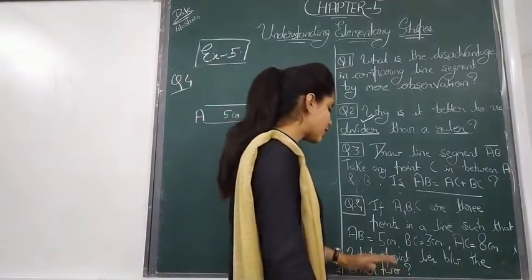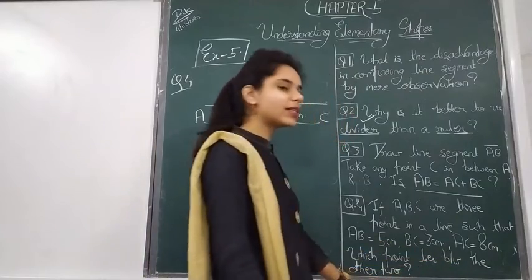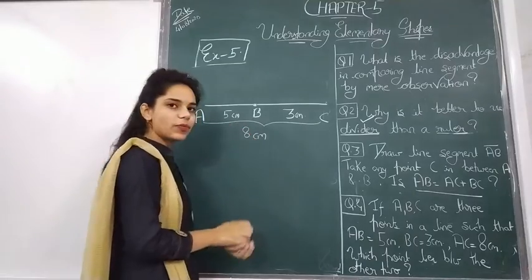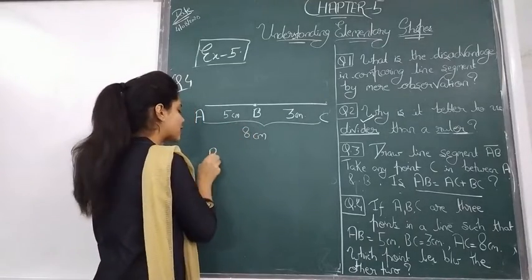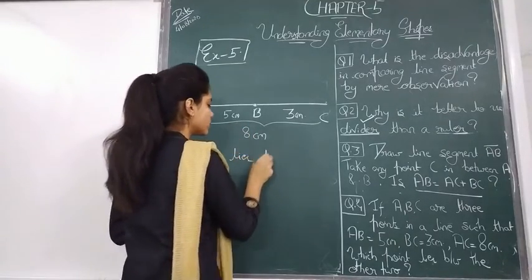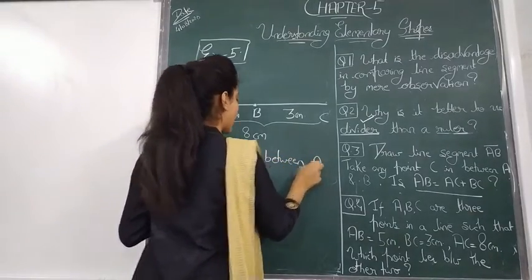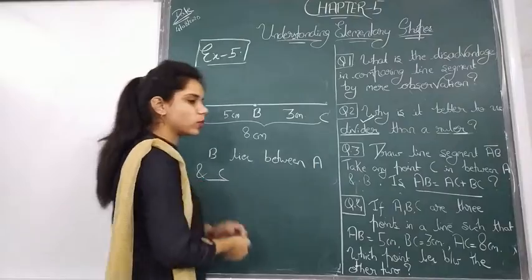They are asking which point lies between the other two. So you can observe that B lies between A and C, the other two.